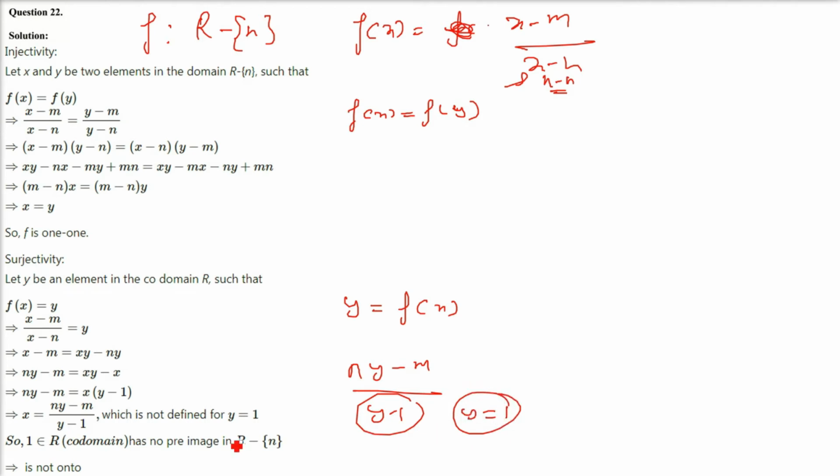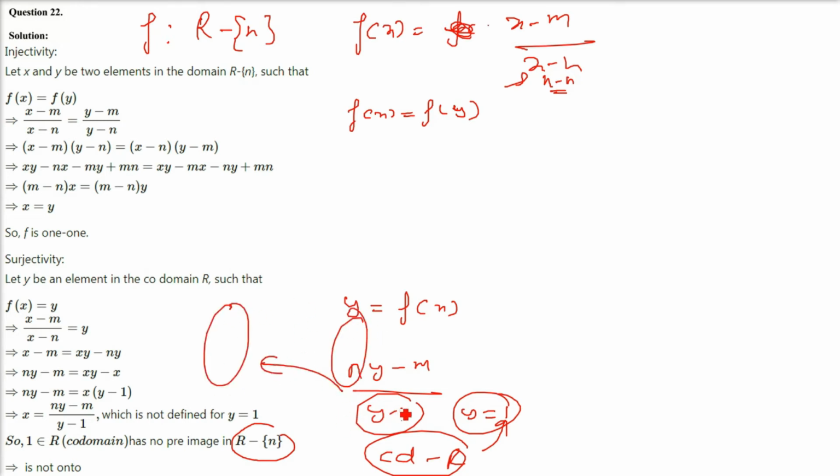So this is not defined for y equals 1. The domain was R minus {n}, but the range should be R minus {1}, because 1 makes this relation undefined. I hope you got the idea. If you put y as 1, you will not get any pre-image, but we need a pre-image to make it onto. So this is not onto. f is 1 to 1, but it is not onto.